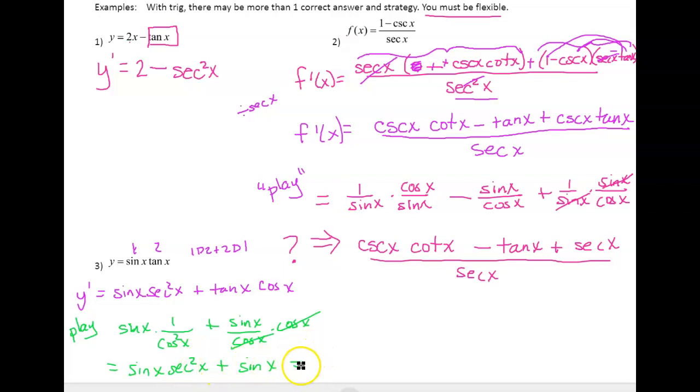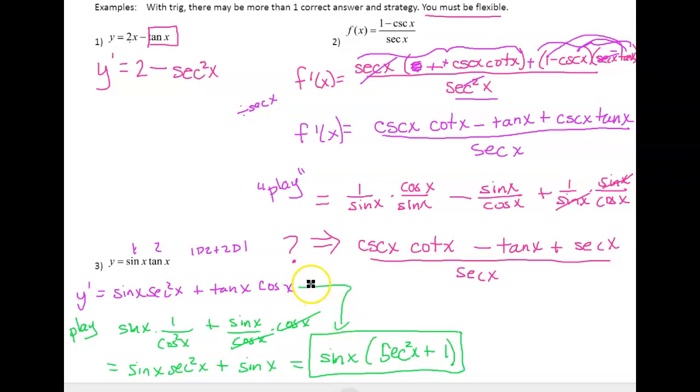So then what happens is we can factor a sine out. 1, we get secant plus 1. So maybe this is the answer. Okay, and this looks like a trig identity, but remember it's 1 plus tangent squared equals secant squared, so that doesn't work. Either one. Okay.